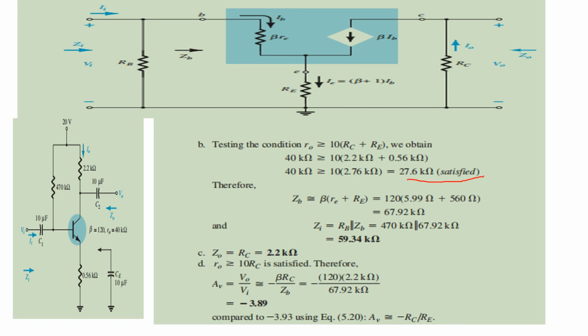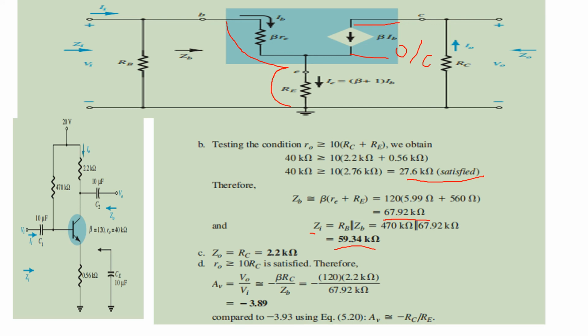So ZB is nothing but a combination of beta times re plus Re. So that comes out to be this much. The actual Zi is RB parallel ZB. Z0 is RC. Why? Because this current source is going to act as an open circuit.